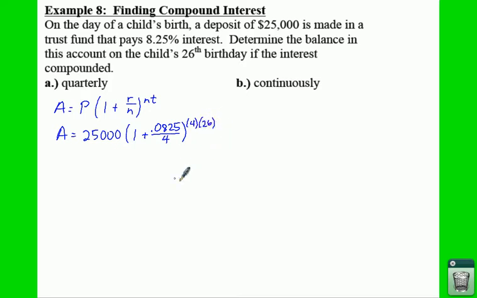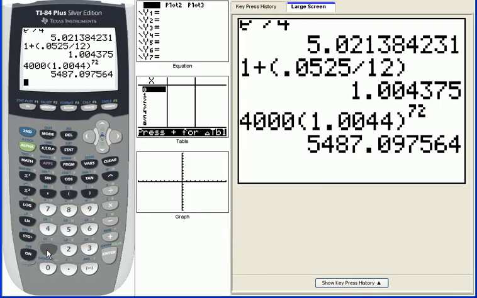26 years out here. So when we plug this into our equation, if we simplify what's inside our parentheses, we're going to take 1 plus 0.0825 divided by 4. I should probably put parentheses around here.